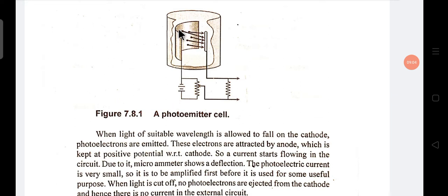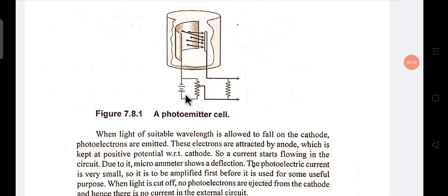Due to the light incident on this C plate, which is the cathode, electrons are emitted. Since the cathode is negatively charged, electrons are plentiful there, and these electrons are emitted due to the incident solar radiation.